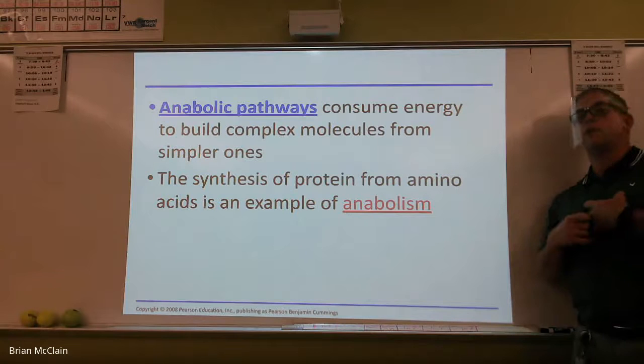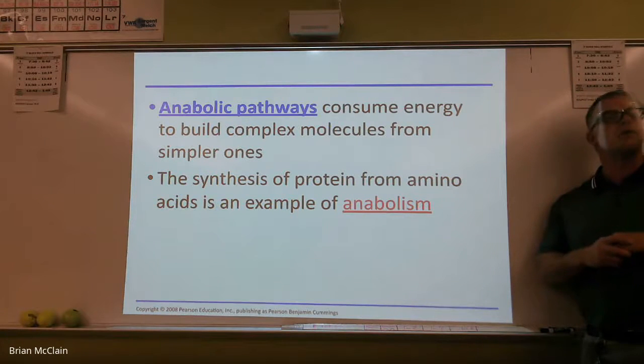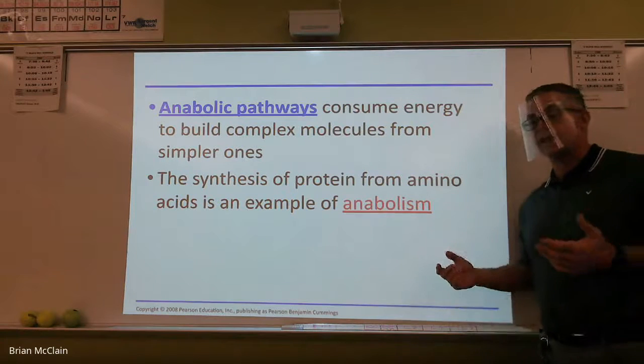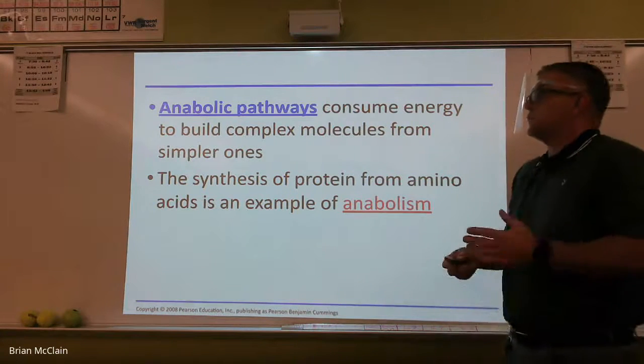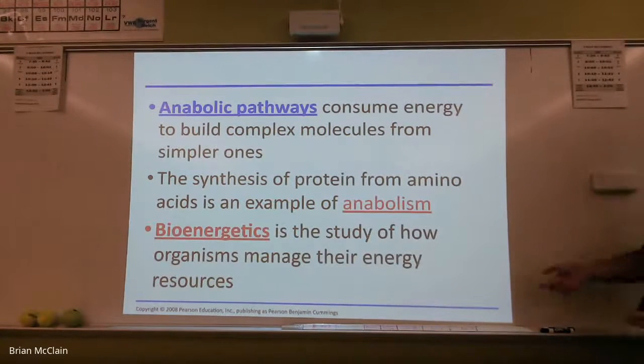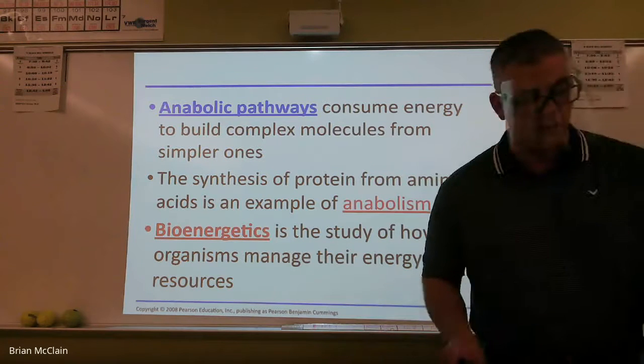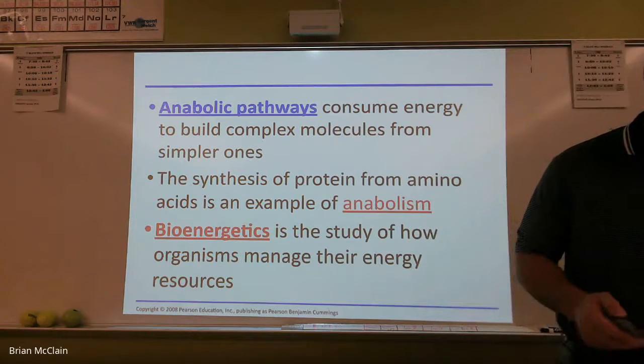In order for our cells and our bodies to be as efficient as possible, we can't waste resources. If you're talking about a process like making ATP and using resources to do that, you can't be inefficient and be successful. So having feedback pathways, and that's what bioenergetics is. It's the study of how we manage our resources, how we maximize our efficiency and do the best that we can with them. All right.